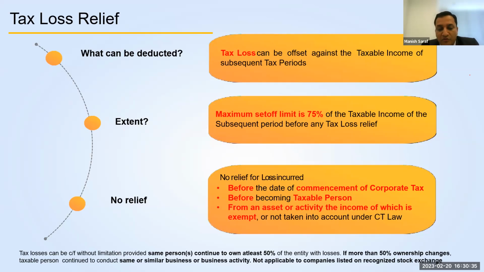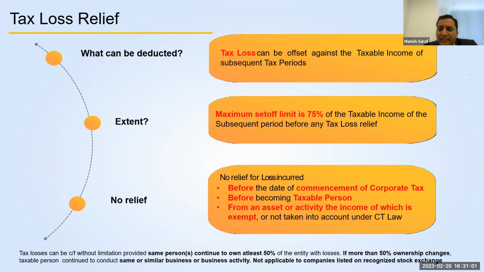They cannot claim 2023 or 2022 because during those years corporate tax was not implemented. So only the period from which corporate tax has been implemented can be claimed as a carry forward. And the maximum carry forward is up to 75% of the taxable income of the subsequent year. So they cannot claim 100% immediately in the next year, but up to 75%.